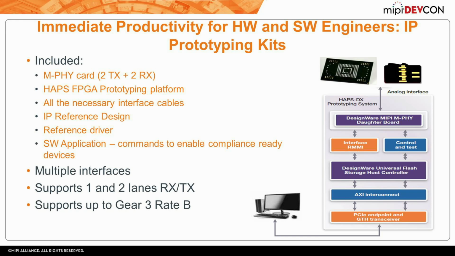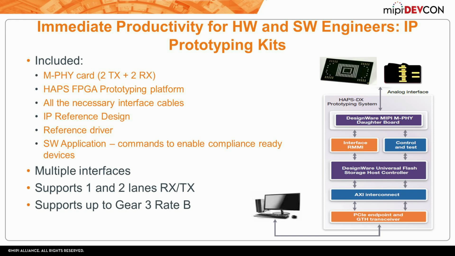It has all the auxiliary materials like interface cables. It comes with an IP reference design, a proven IP reference design, with a reference driver and a software application. It's important here, the software application has a set of commands that will help you to get your memories ready for compliance, because we can create the necessary stimulus.